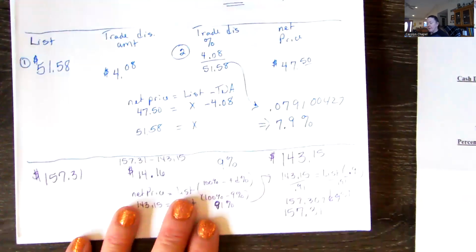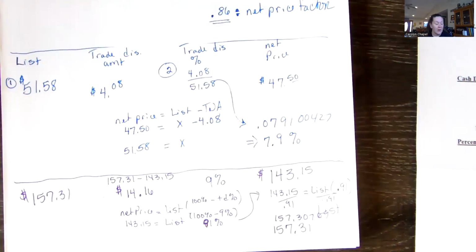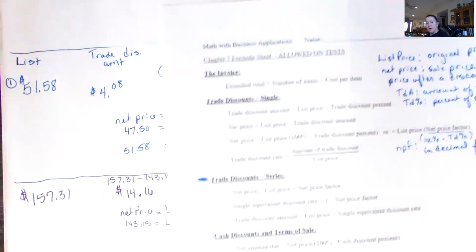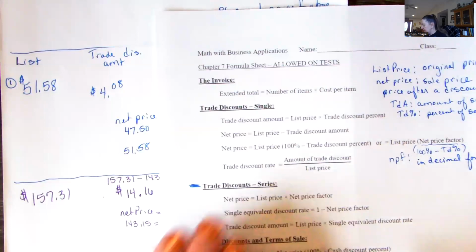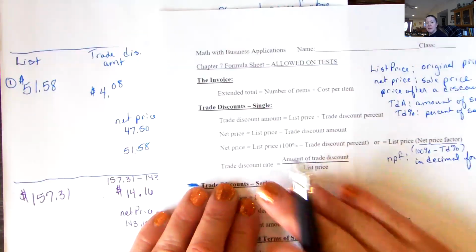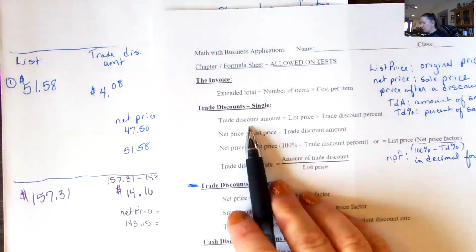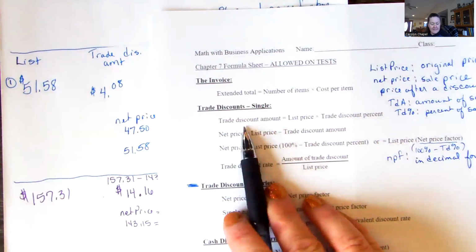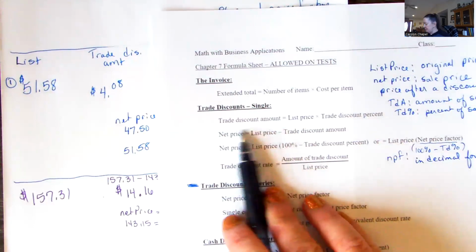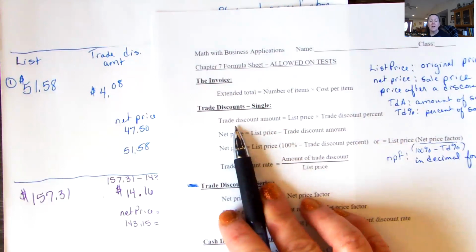Okay, hopefully this gives you a good start as to how to work with some of these pieces. Now remember, all we're doing is marking things down. So in this chapter, practice and get comfortable with the terminology. A list price is that original price. The trade discount amount, or the amount of trade discount, or the discount amount, may or may not have that word trade in there.